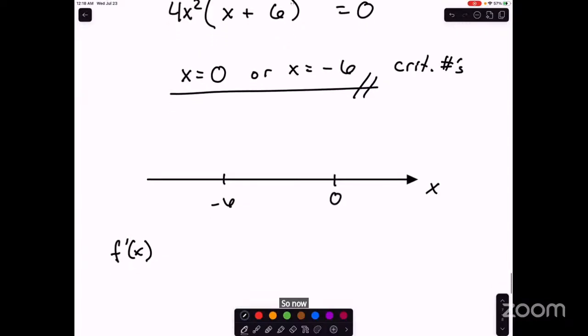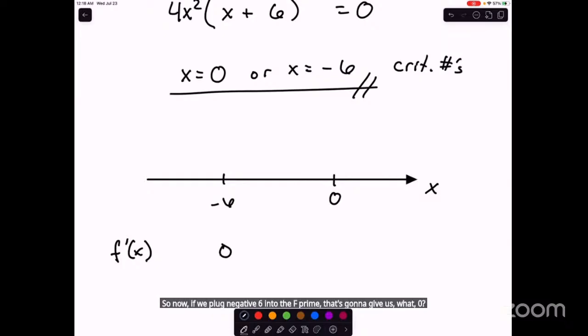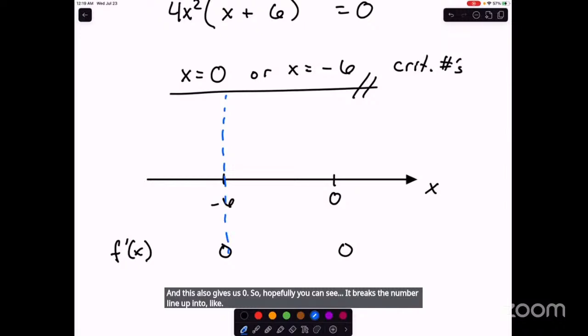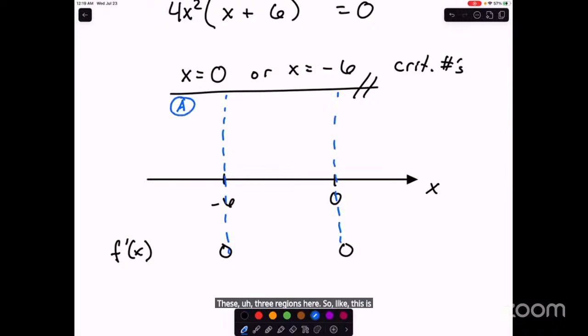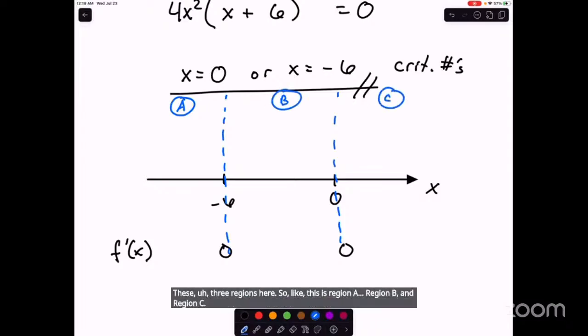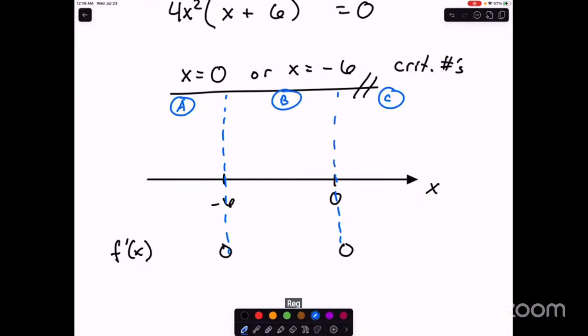Now if we plug negative 6 into the f prime, that gives us 0, and 0 also gives us 0. Hopefully you can see it breaks the number line up into these 3 regions: region A, region B, and region C. Region A is all the numbers to the left of negative 6.